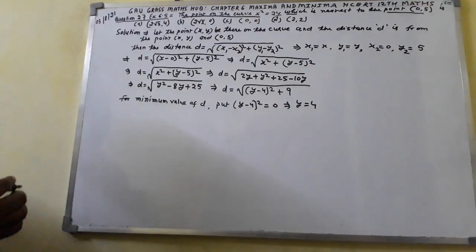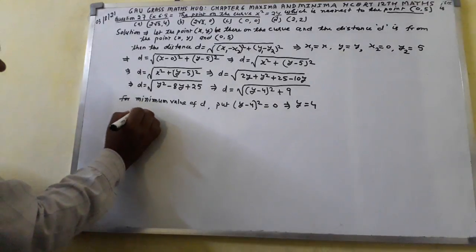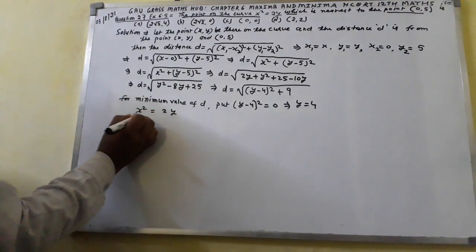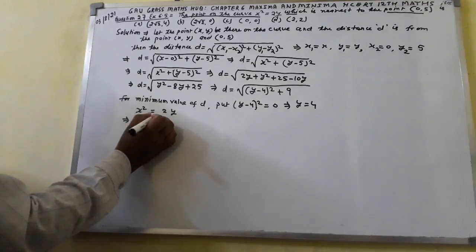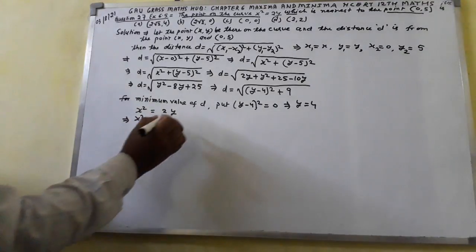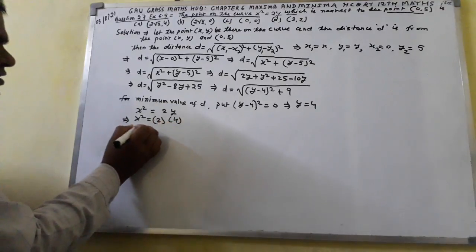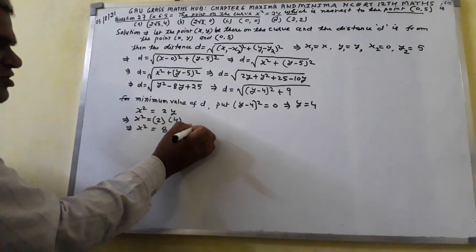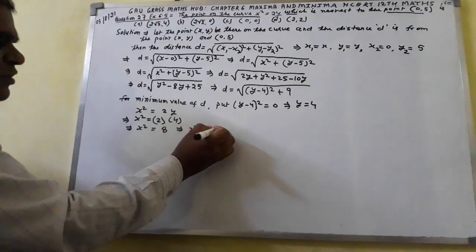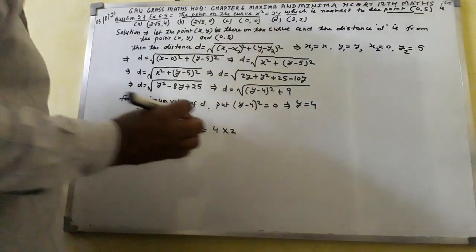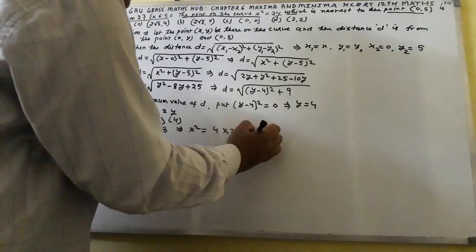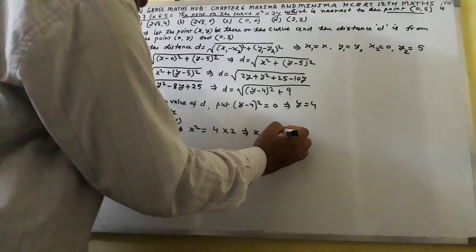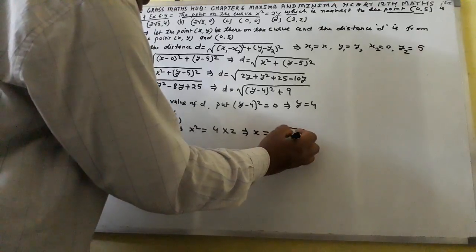So here I shall write the equation of curve. The curve I shall write x square equal to 2y. Implied that x square equal to 2, the value of y I shall write here 4. We will get here x square equal to 8. Implied that x square equal to 4 into 2, implied that x equal to under root 4 into 2.